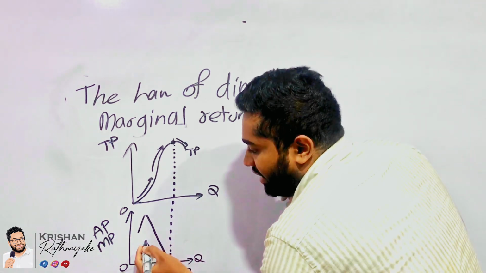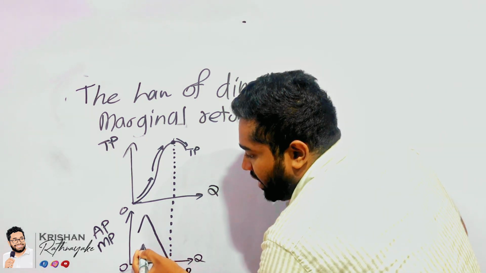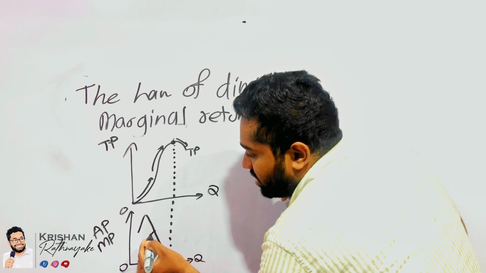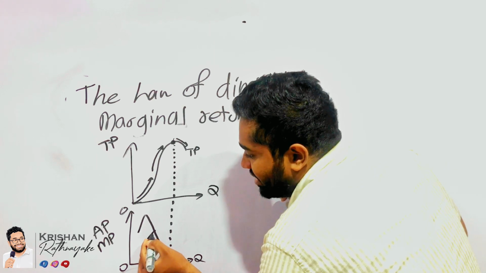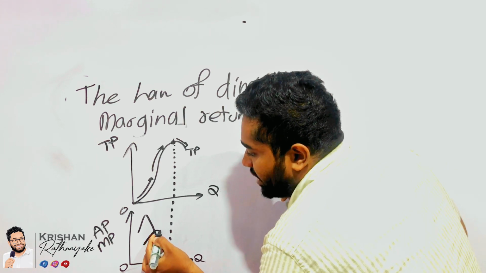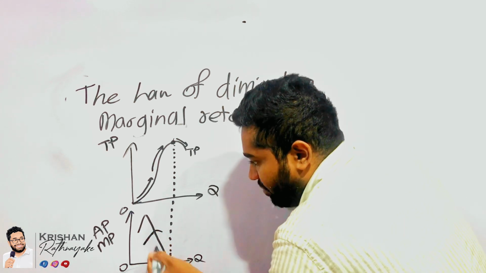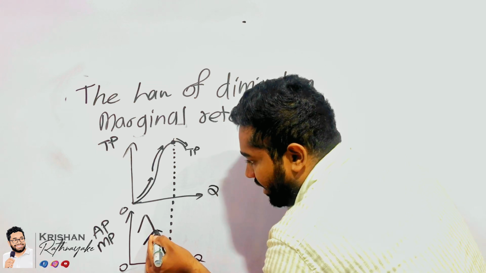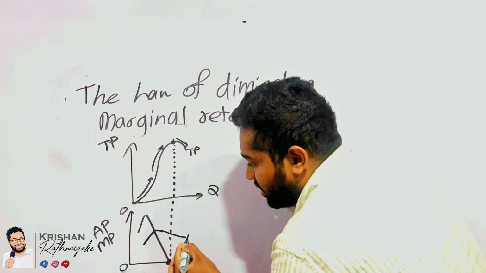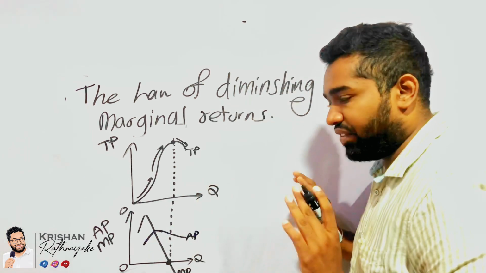Then we can identify the behavior of the average product curve. Average product increases, comes to its highest point when marginal product is decreasing, and then gradually decreases. This is AP, average product.